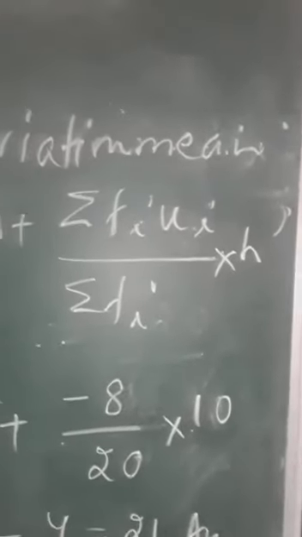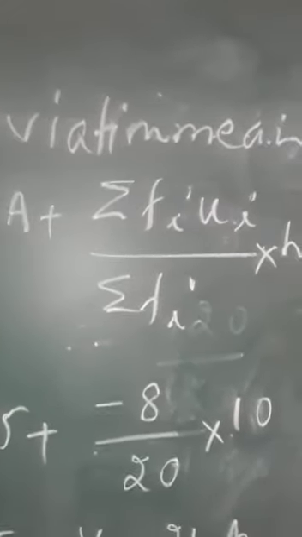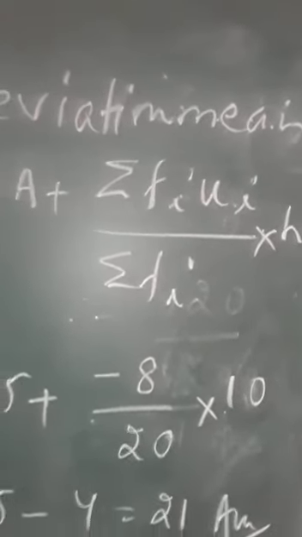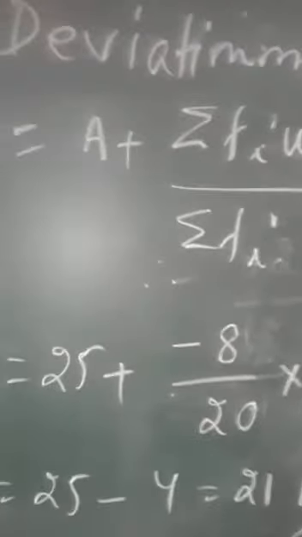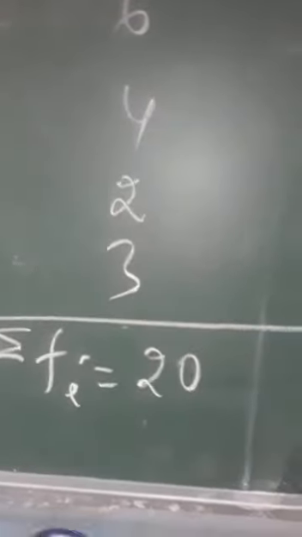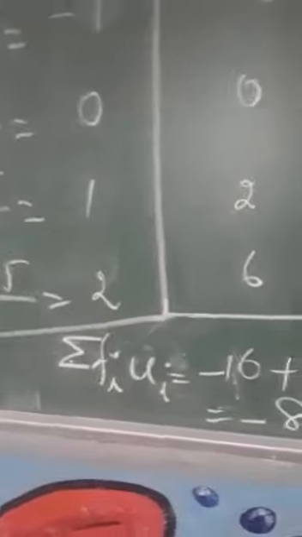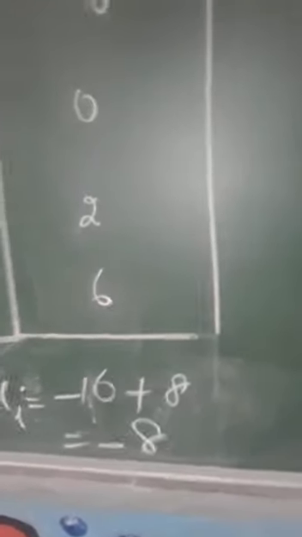The values which we have obtained earlier: assumed mean is equal to 25, summation fi is equal to 20, summation fi ui is equal to -8.